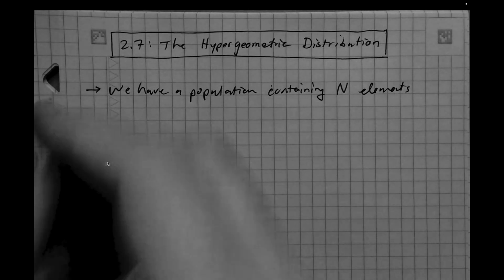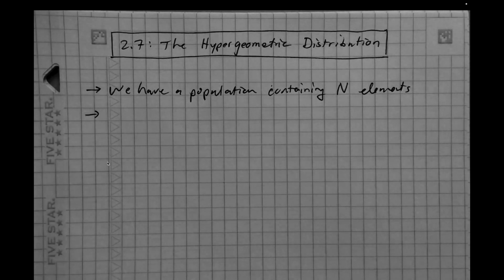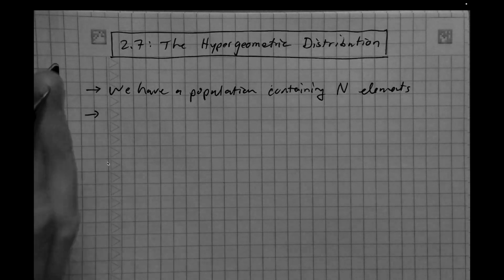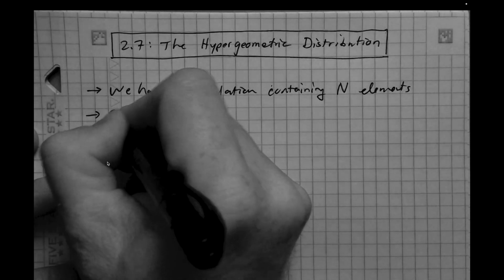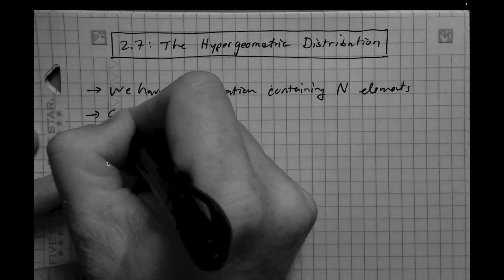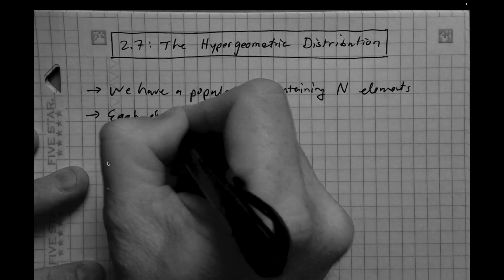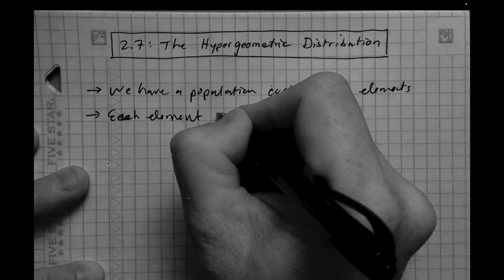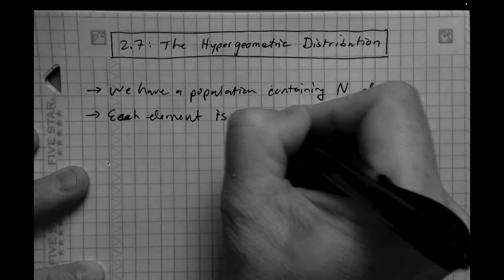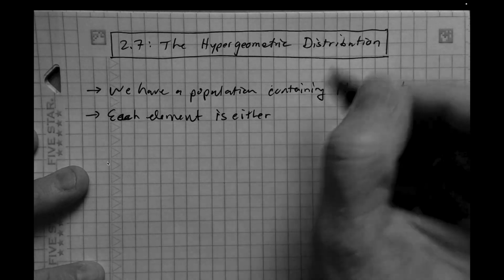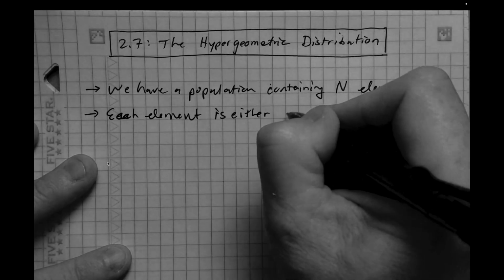And let's suppose further that every element in the population possesses one of two characteristics. So each element is either, we'll just say, red or black.